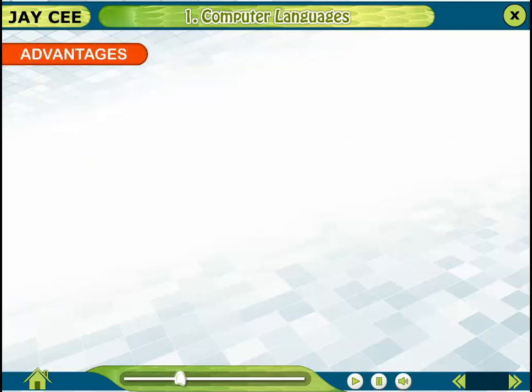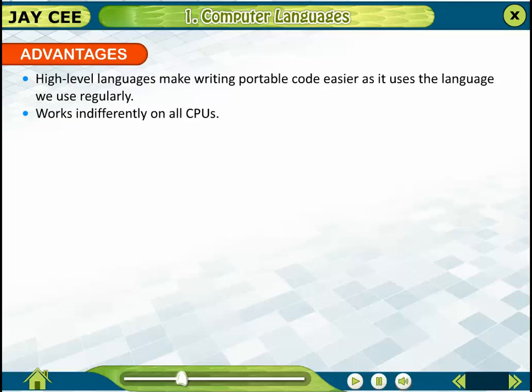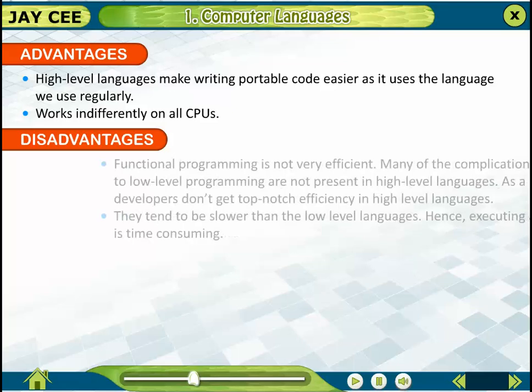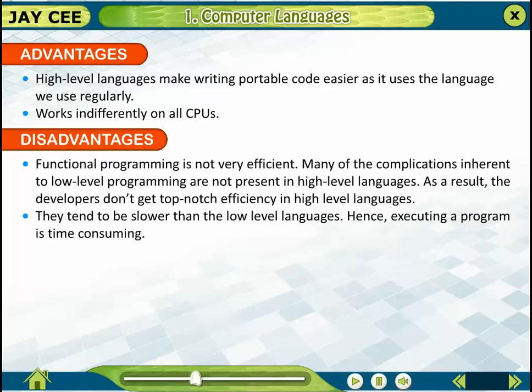Advantages. High-level languages make writing portable code easier as it uses the language we use regularly. Works indifferently on all CPUs. Disadvantages. Functional programming is not very efficient.